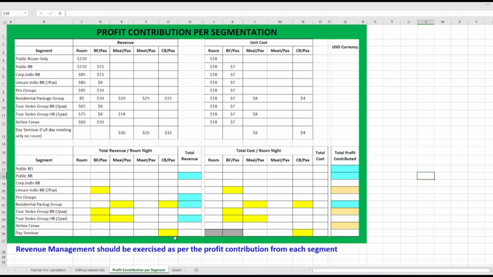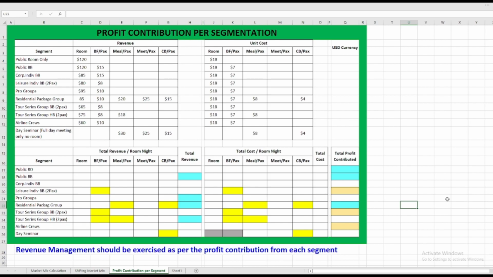That is the key business performance. Every day, every year, we work so hard, but finally we need to see the result. In this episode 3, I am going to show you which segmentation is important, not only by revenue but also by profit contribution.